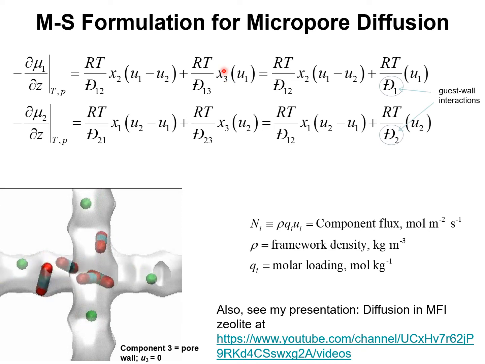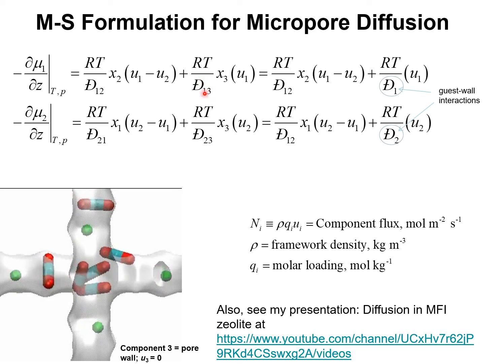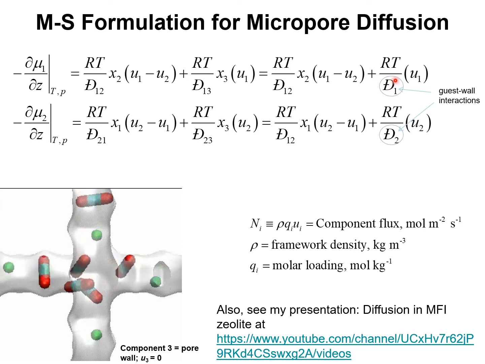The mole fraction of component 3 is undefined, and therefore it is convenient to redefine this diffusivity D13 divided by X3 as the diffusivity of 1, which is the interaction that species 1 experiences with the pore wall.